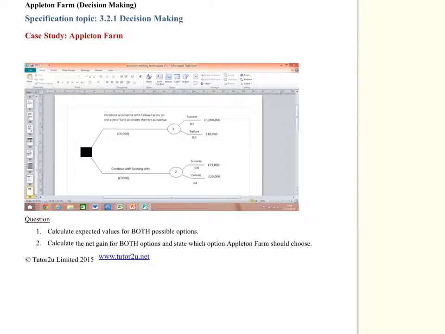So, in this instance, for number 1, we would do 0.9 times 1 million plus 0.1 times 10,000.